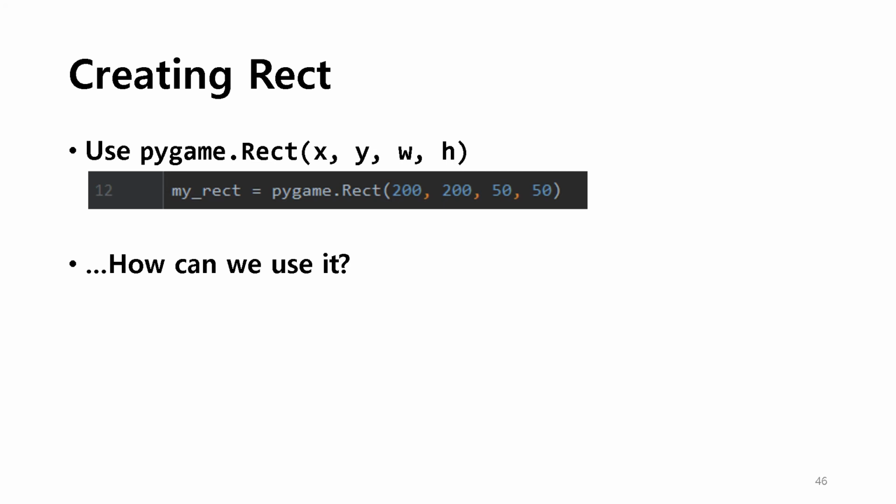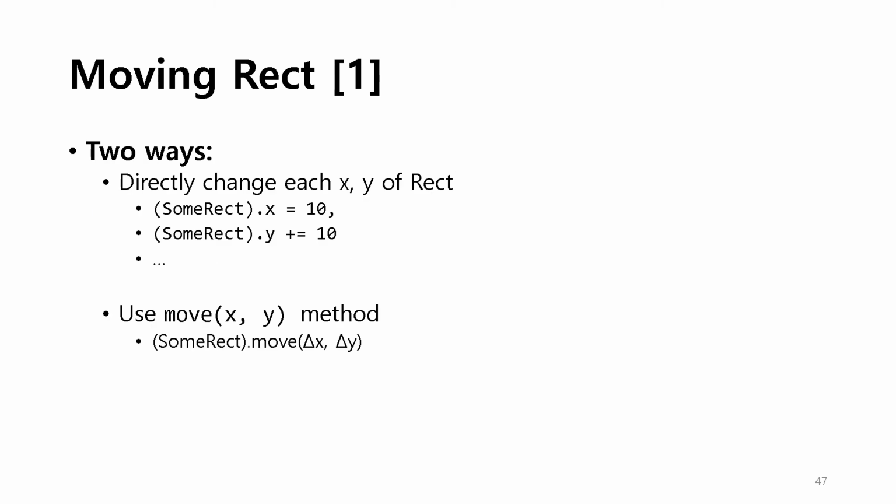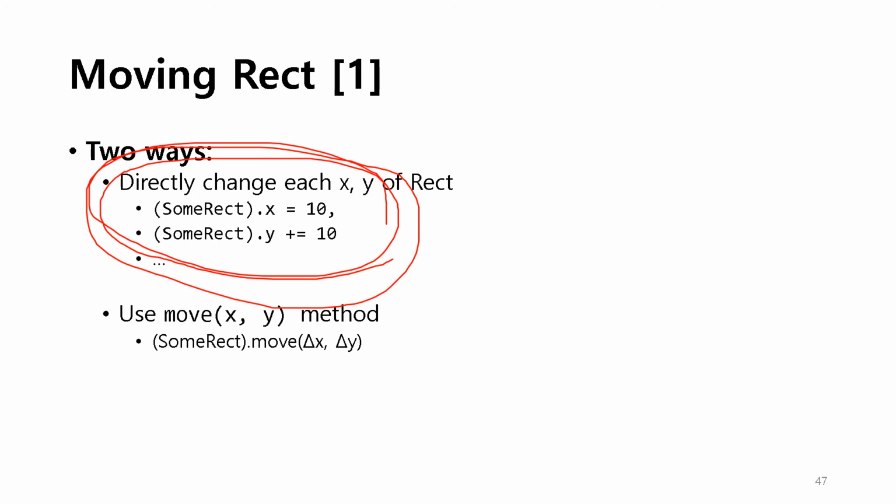The initializer of Rect uses 4 parameters: x, y, width, and height. Then how can we use it? At first, we will try to relocate a Rect. There are 2 ways. First, because it is like a class, we can directly change the member variable like this. And we can use the move method like this.